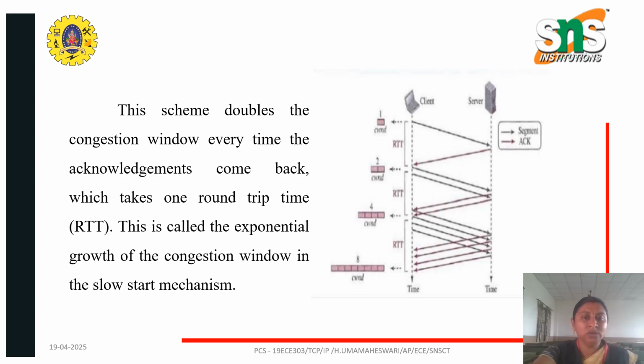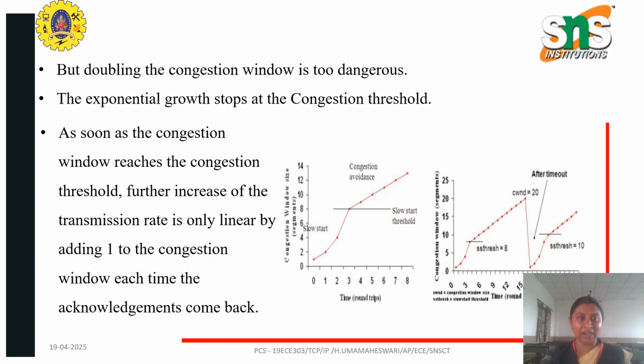So 1, 2, 4, 8 are the packets the client sends and the server acknowledges. This process continues for every acknowledgement, and each cycle is called a round trip time, that is RTT. This is called the exponential growth of the congestion window in the slow start mechanism.